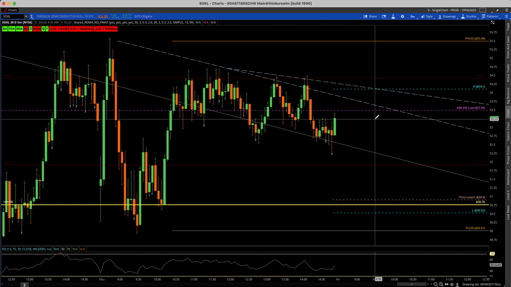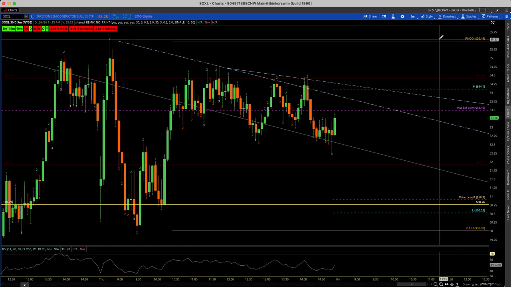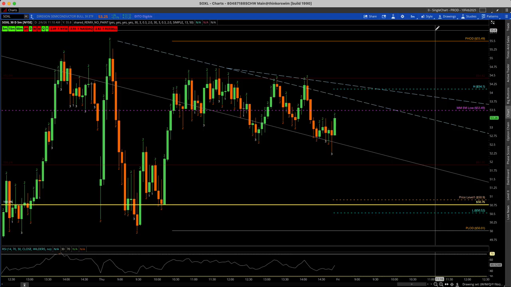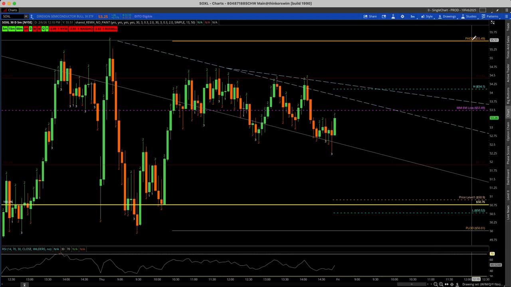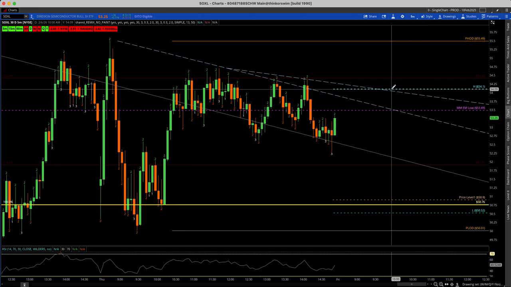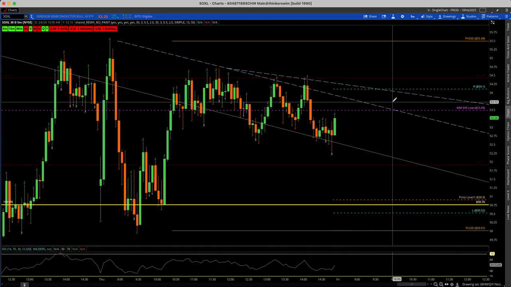The targets for that move to the upside would be overnight high first, and then previous high a day. Now, obviously, if overnight high goes above previous high a day in after hours, previous high a day would be the first target, and overnight high would be the second. But those are the targets to the upside: overnight high, previous high a day. So higher lows at or above opening print, looking to get into calls, targeting overnight high and previous high a day.